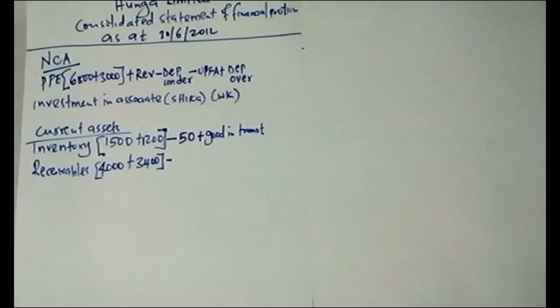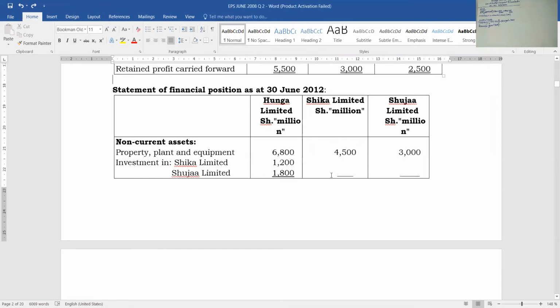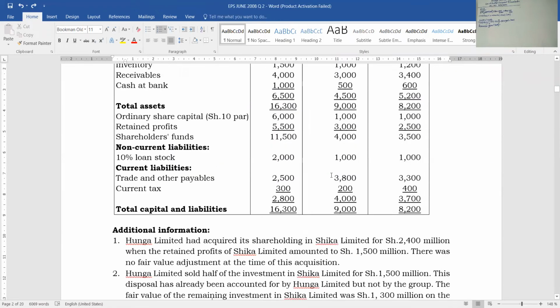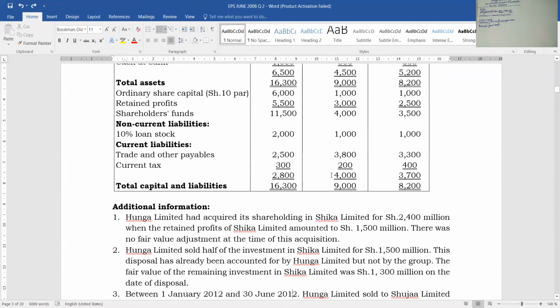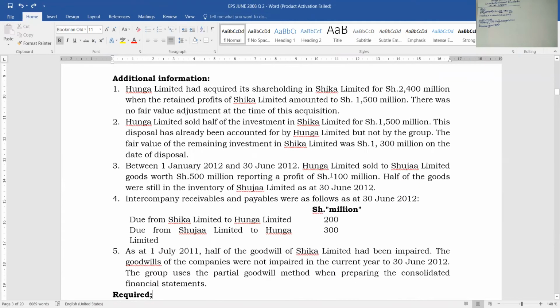I explained earlier when we started the question, if there are any outstanding balances and the amount has not been paid by the end of the year, we always forgo that amount by debiting trade payables and crediting our trade receivables. But these outstanding amounts must be between the parent and subsidiary.